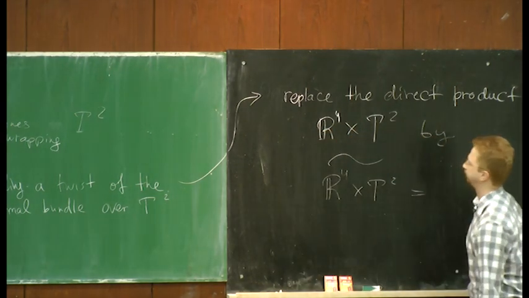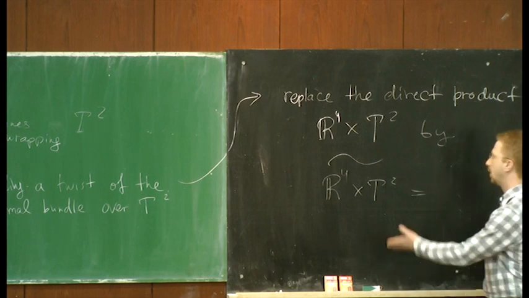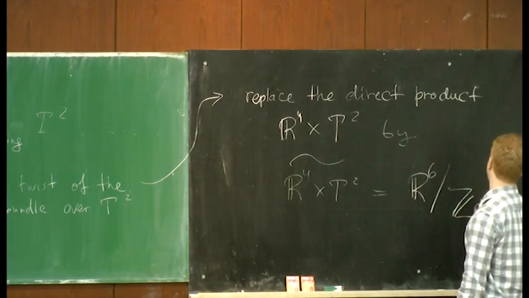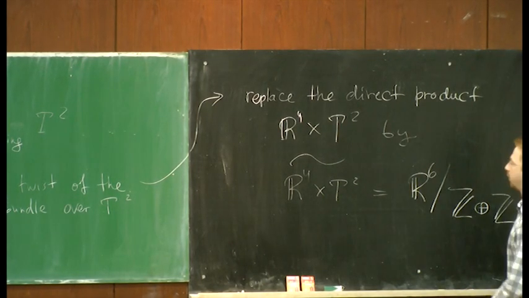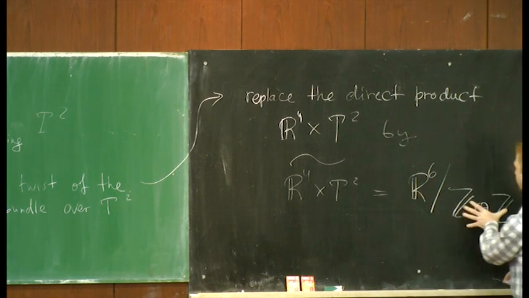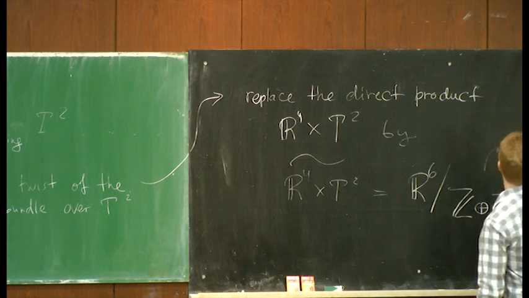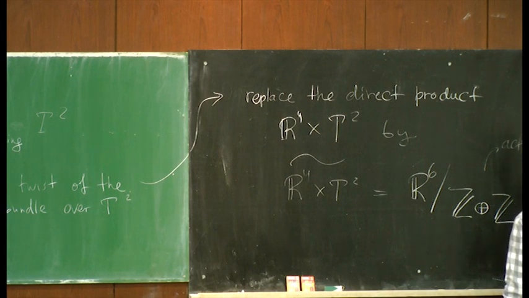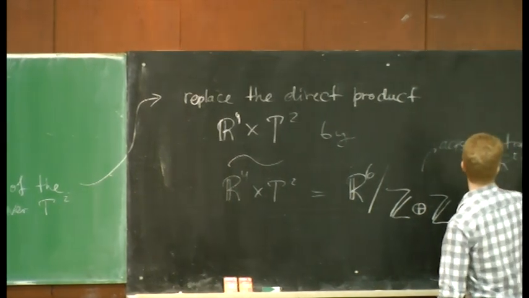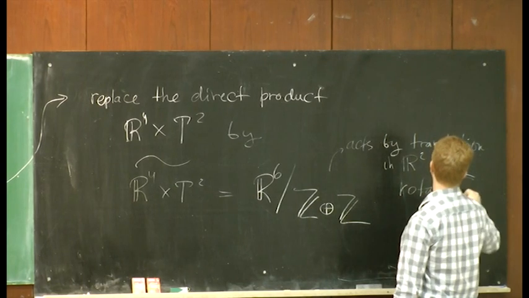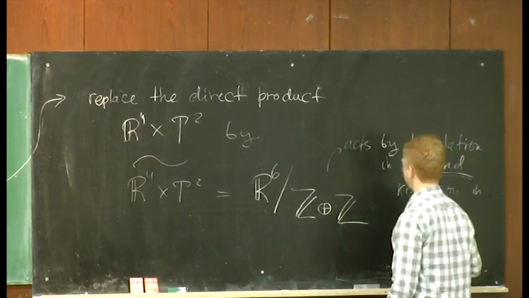So this is, well, a quotient of flat Euclidean space R6 by the action of the lattice, which acts simultaneously by translation in R2 and rotation in R4.